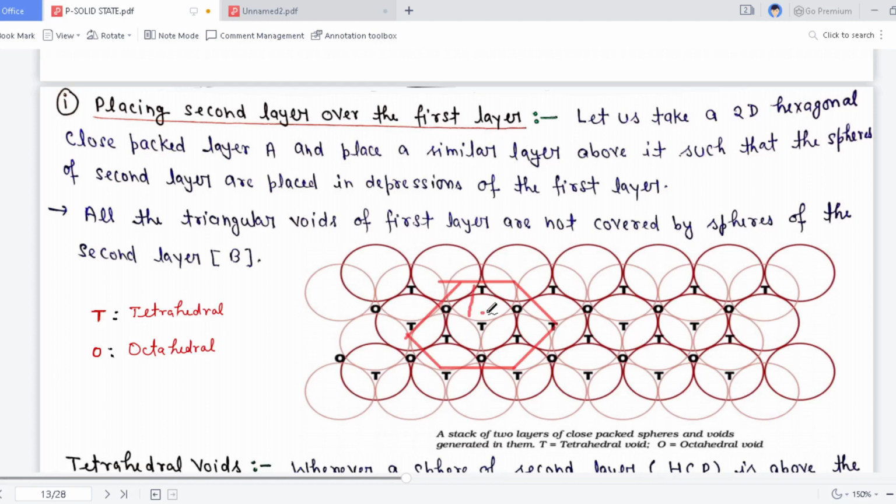Hexagon: 1, 2, 3, 4, 5, and 6 are surrounding it. Here, all the triangular voids of the first layer are not covered by the spheres of the second layer.